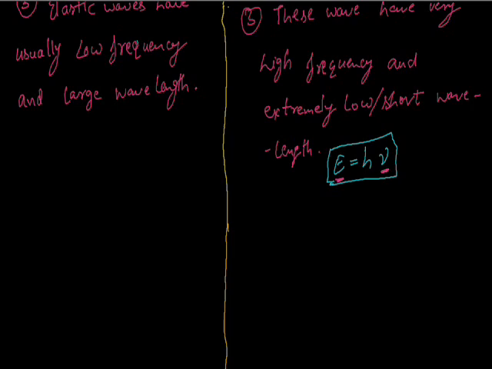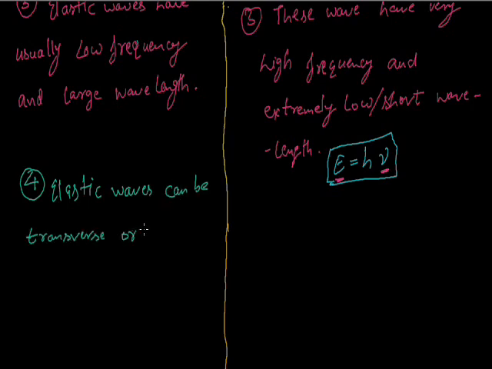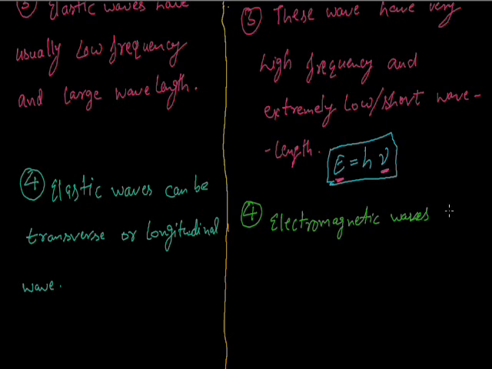The next difference: elastic waves can be transverse or longitudinal in nature, but electromagnetic waves are only transverse in nature.